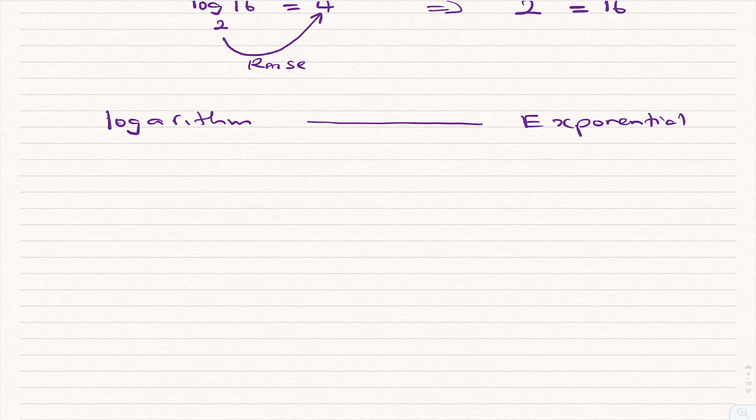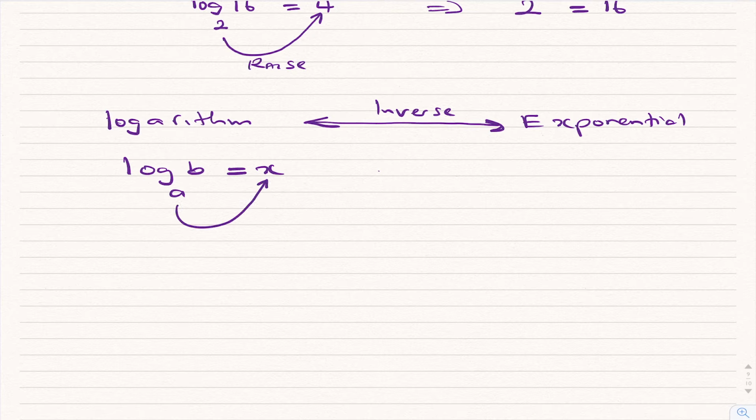And a line drawn between them. So this is what we call the inverse relationship. When we have log of a level b, if that equals x, that can be written in this case, raise a to the power of x, and the answer will be equal to the level.